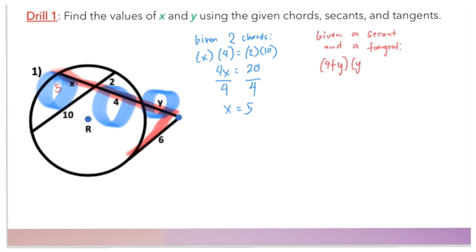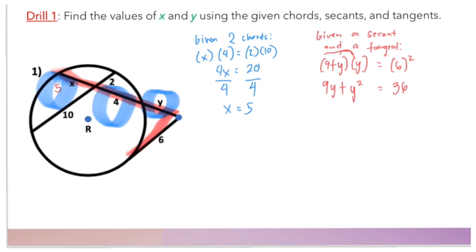The y is the exterior, so 9 plus y times y should be equal to the square of your tangent measurement. So just like earlier, distribute: 9y plus y squared equal to 36. As you can notice, we cannot combine like terms.